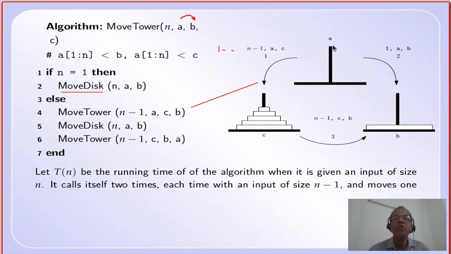After we have moved 1 to n minus 1 disks from A to C, that will expose the last disk of size n.